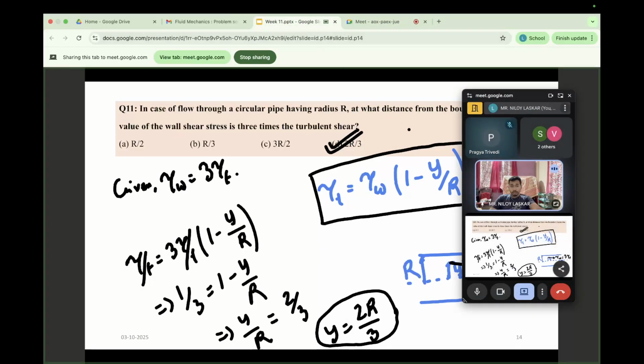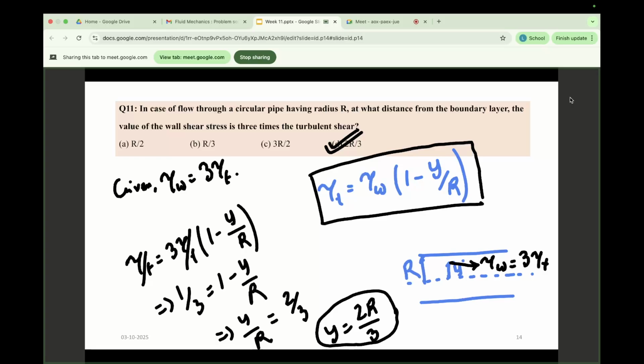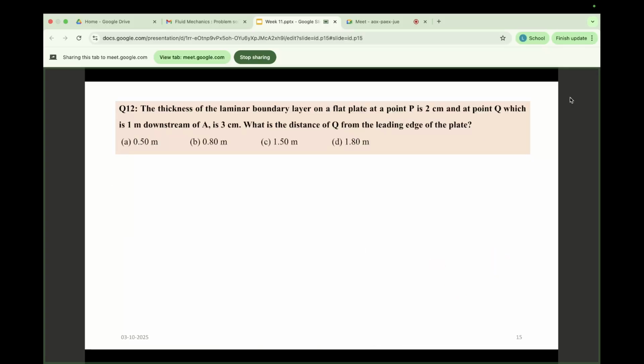So I am moving to the next question. It's a simple question. Here the thickness of the boundary layer on a flat plate at a point P is given, and at point Q, which is 1 meter downstream of P, is 3 centimeter.